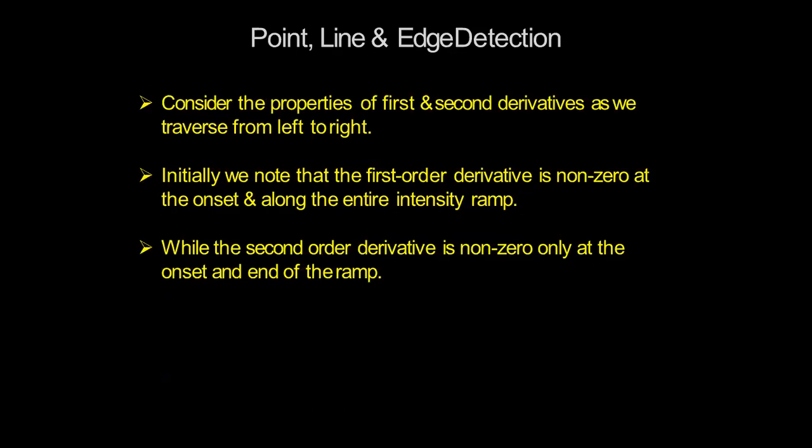Now, considering the properties of the first and second derivative as we traverse from left to right, initially we note the first order derivative is non-zero at the onset and along the entire intensity ramp, while the second order derivative is non-zero only at the onset and end of the ramp.